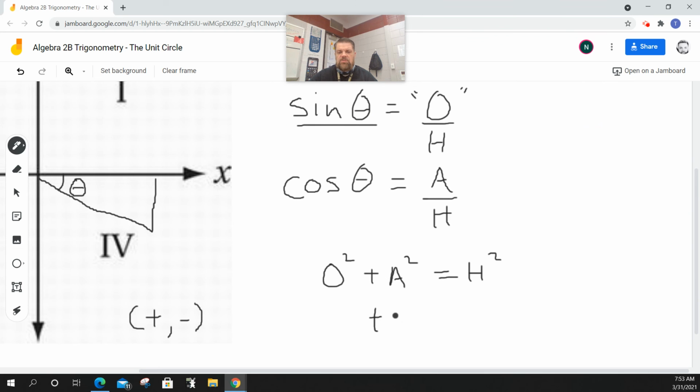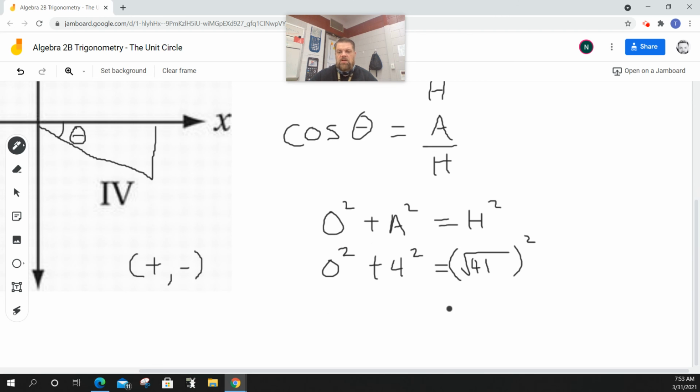So the adjacent was 4 squared, and then the hypotenuse was the square root of 41, and all of that is squared. And we can't forget our opposite side squared. So when you square a square root, it just becomes the base, which is 41. Over here, 4 squared is 16 because 4 times 4 is 16.